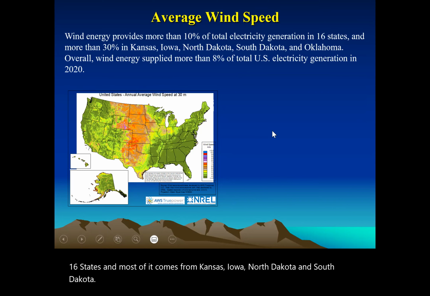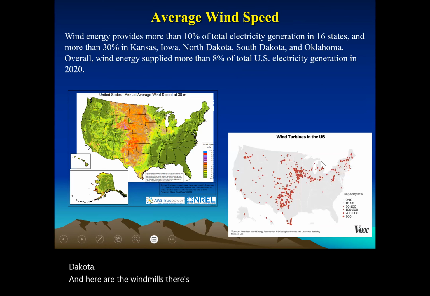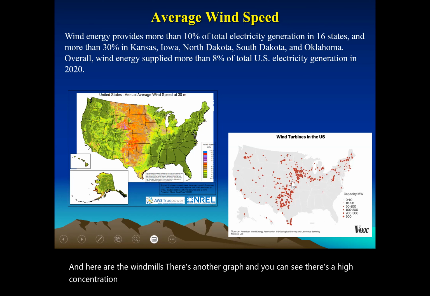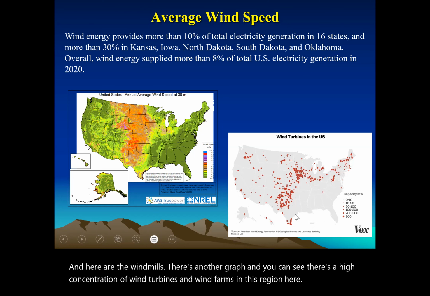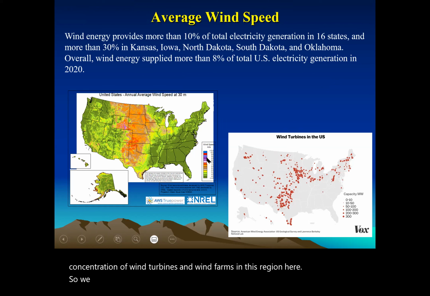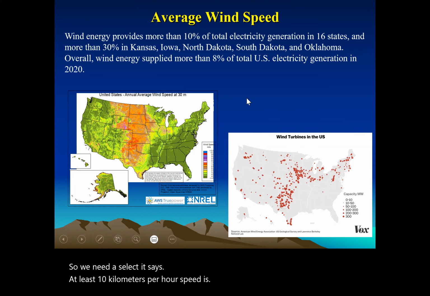And here are the windmills. There's another graph, and you can see a high concentration of wind turbines and wind farms in this region here. So, as it says, at least 10 kilometers per hour wind speed is required.